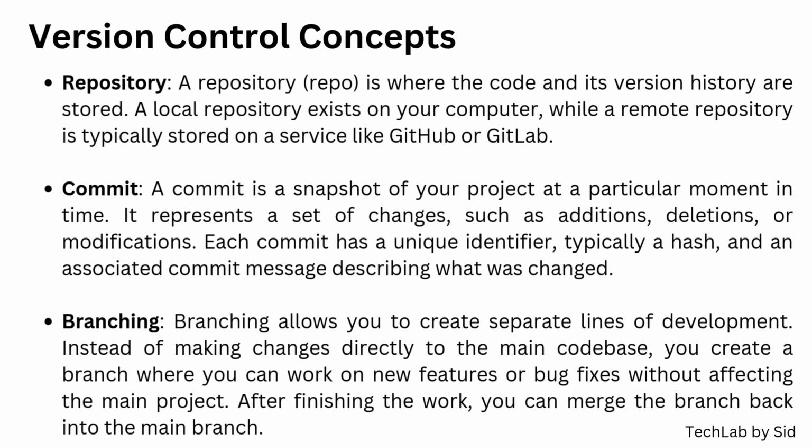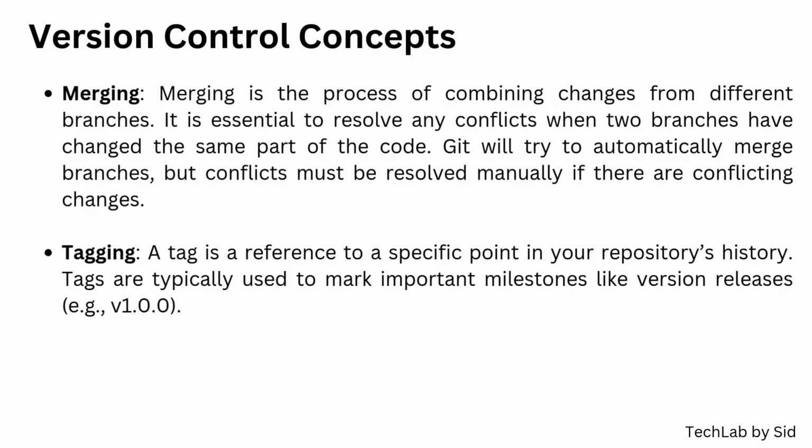Branching. Branching enables the creation of separate development paths. Instead of directly altering the main codebase, you create a branch to work on new features or bug fixes. Once the work is completed, the branch can be merged back into the main branch. Merging.